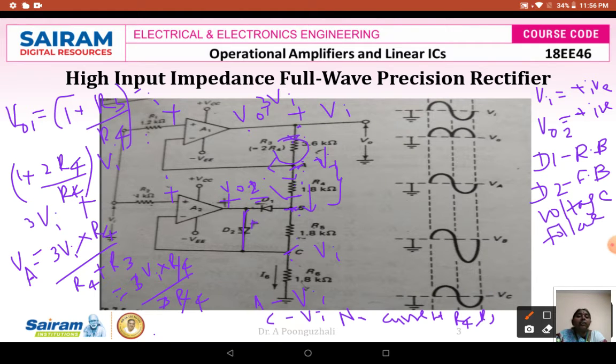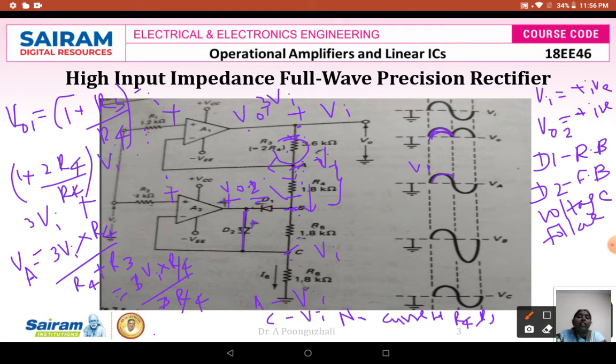So I can see that my output voltage is going to be Vi because there is no current flowing in your R3 resistance as well as in your R1 resistance. When there is no current, my output is going to be the same as the input. So if I look at the VA voltage, your VA voltage is going to be Vi. So I am going to have this Vi voltage present here.